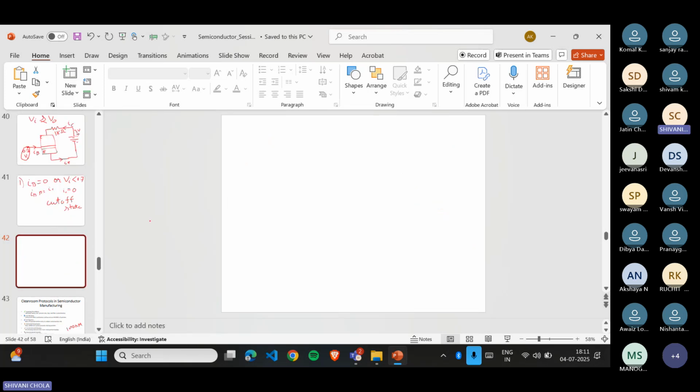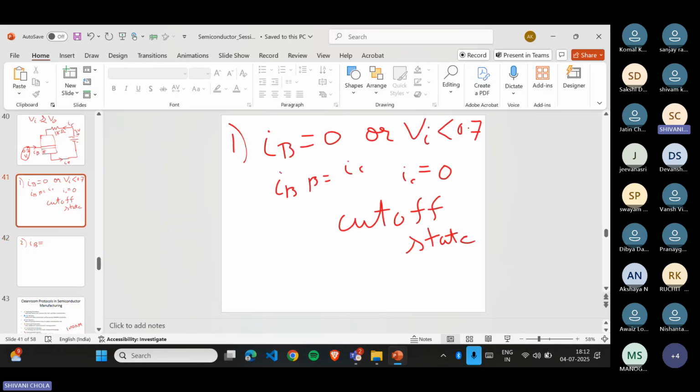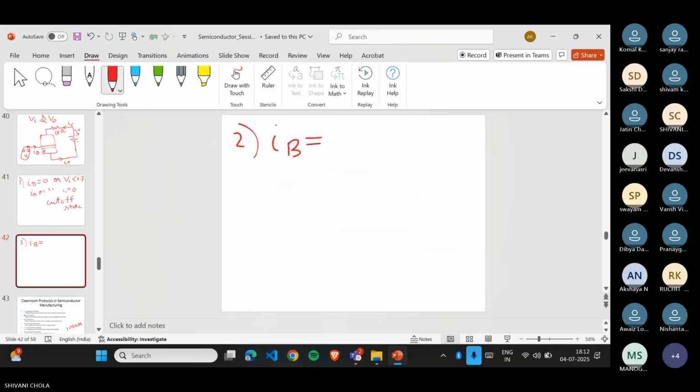Now, guys, let's start to increase our current. Let's say the current through the base, let's give it one value, let's say 10 microampere. And let our beta be equal to 100.